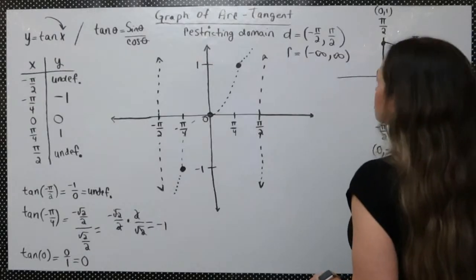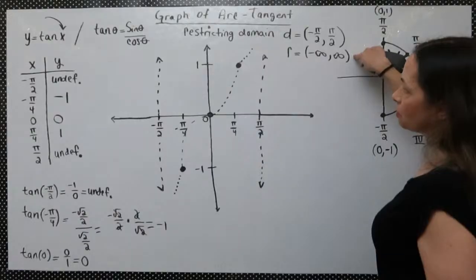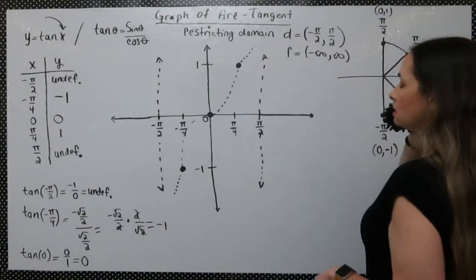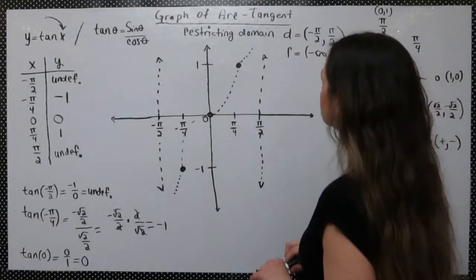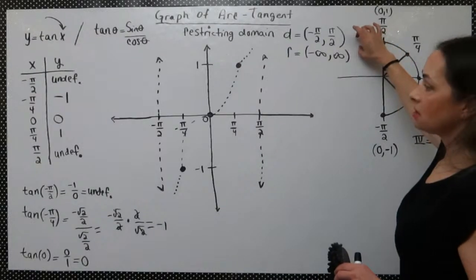All right, so we have domain and range, and this is very important because when we're going to start talking about arc cosine, arc tangent, we're going to have to swap these out.